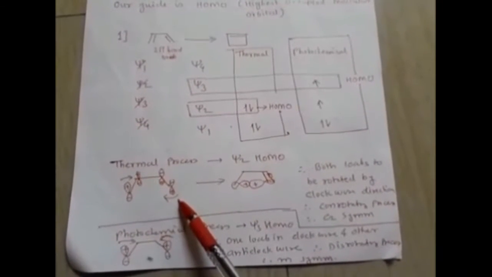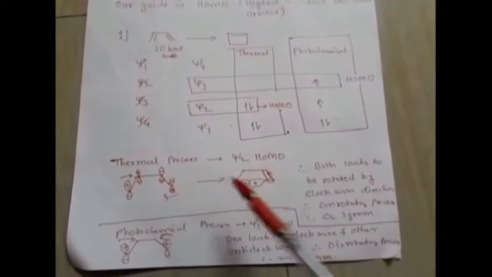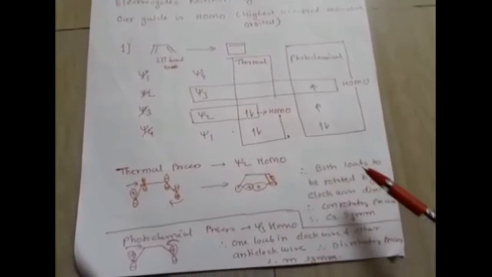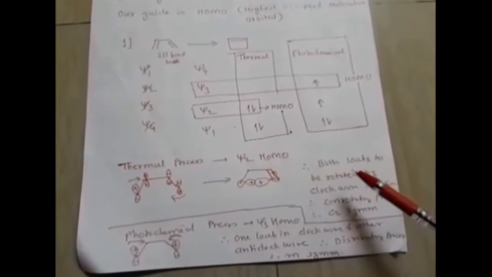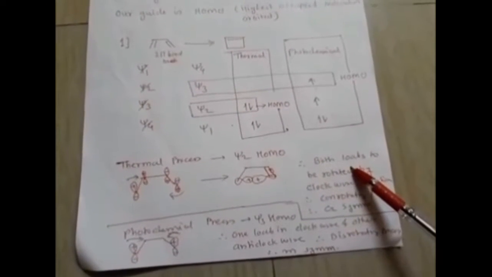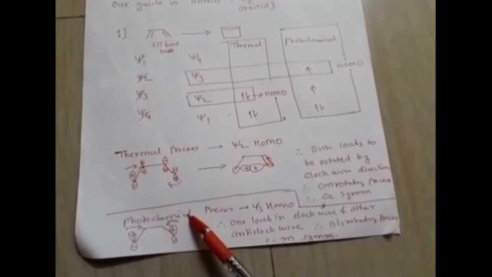So conrotatory process is nothing but which symmetry? That is C2 symmetry. So in this way, thermal process, conrotatory process, C2 symmetry. So we arrive at the same conclusion as that of the correlation diagram method. Now, how is the photochemical process a disrotatory process?